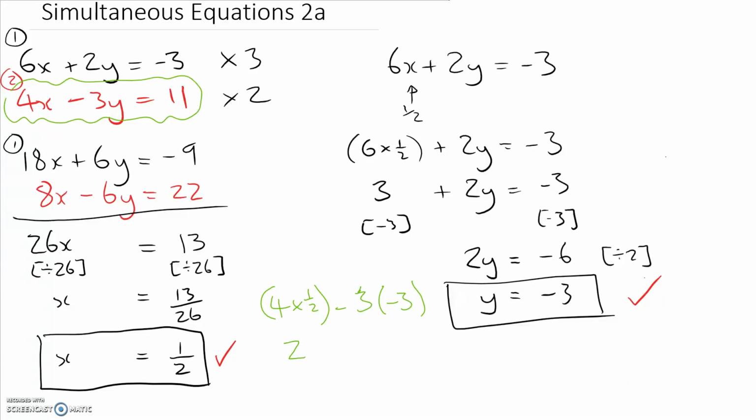We've got minus 3 times negative 3. When we multiply those two negatives, remember that a minus times a minus gives us a plus. So negative 3 times negative 3 gives us plus 9, which does indeed give us 11. If you didn't quite get that one, it could well have been because of your multiplying negative rules. Just check that back through.